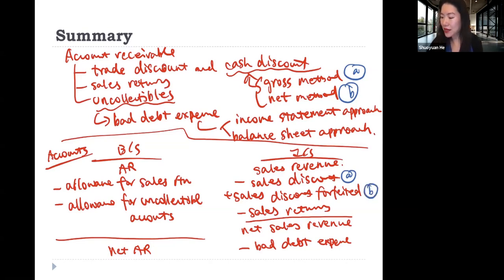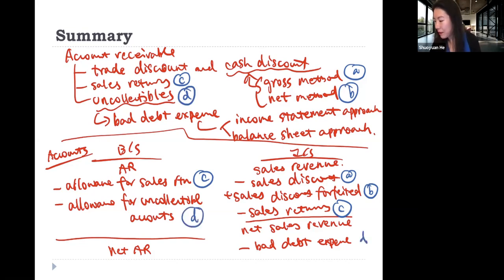And if the firm has sales return, we need to record allowance for sales return and sales return. Those are two accounts related to sales return. For uncollectibles, the related accounts are allowance for uncollectible account and the bad debt expense. So those are related accounts we covered in today's class.